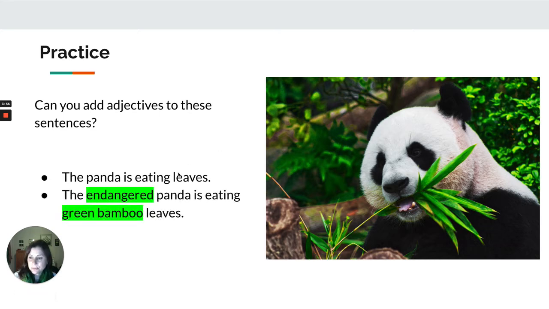The endangered panda, or the black and white panda, or the baby panda, the young panda, the older or elderly panda, right? So we can add an adjective to be more descriptive. To describe the panda, leaves. We can say green bamboo or green and yellow bamboo leaves. So this shows the type of leaves.